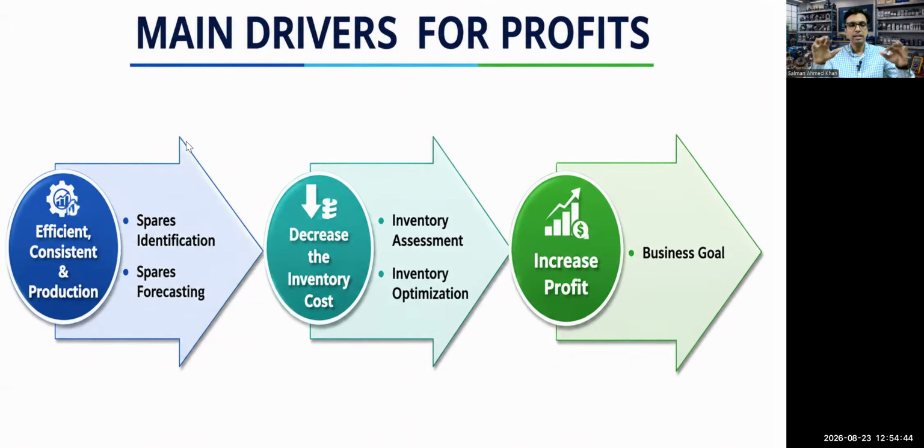So ultimately, these two areas have the goal of increasing profit. The business goal is to increase the profit. One goal is to have efficient production. Another goal is to decrease the inventory cost. So you have to balance between these two scenarios, or we can say you have to adopt these strategies to balance these scenarios in order to have profitability in your business goals.